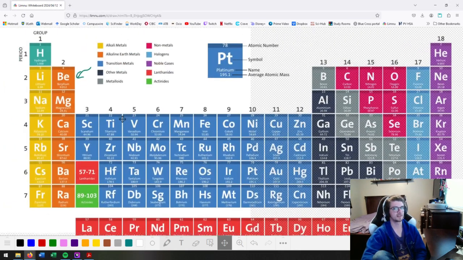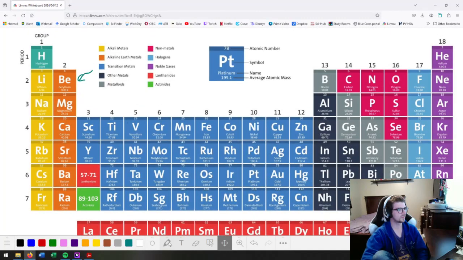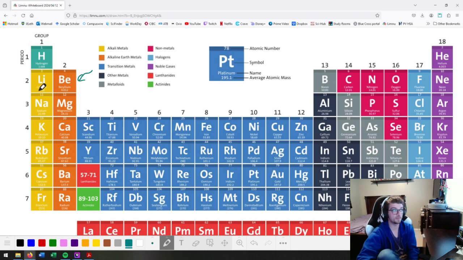And generally, these will occur such that, for group 1, like in the case of sodium, sodium has a full 1s orbital, that's just the first 2 core electrons, and then a full second electron shell plus 1 electron for sodium.